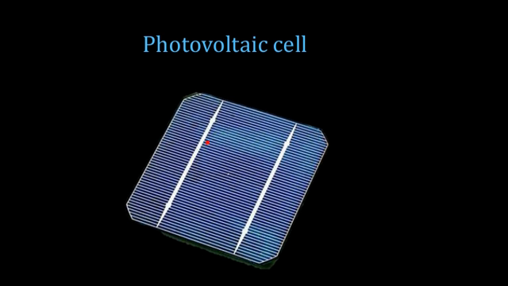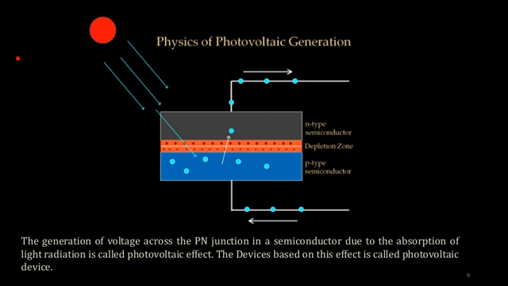Next we'll move on to the photovoltaic cell. A photovoltaic cell forms a basic unit for a solar panel. This is a basic unit that forms the larger panel. Now a photovoltaic cell seems very similar to the photoconductive cell, but with a slight difference.